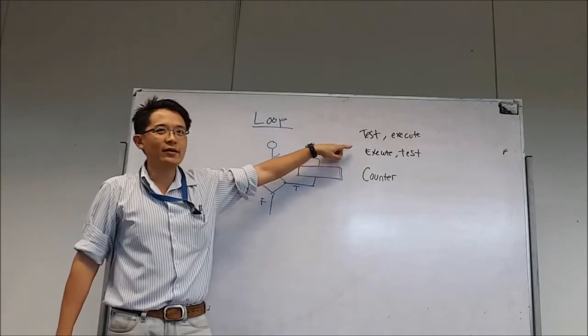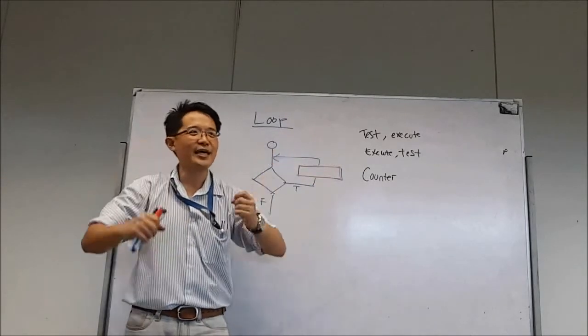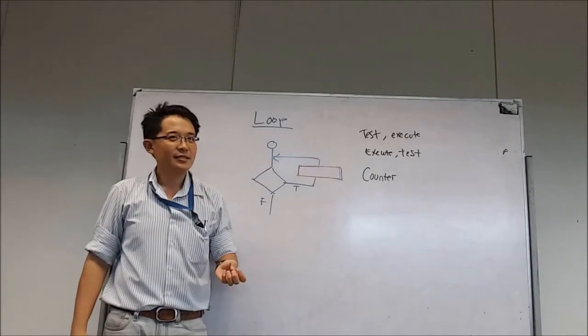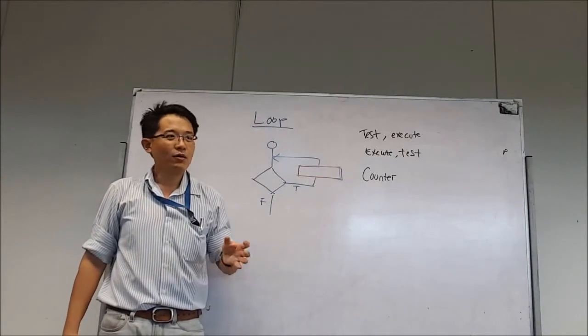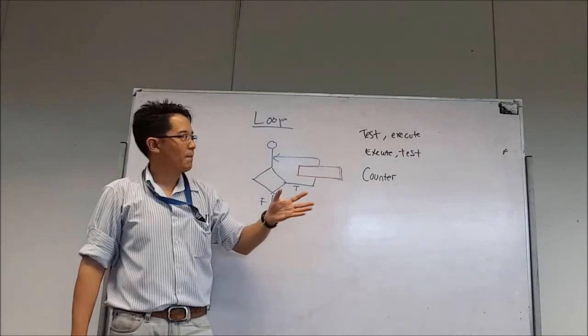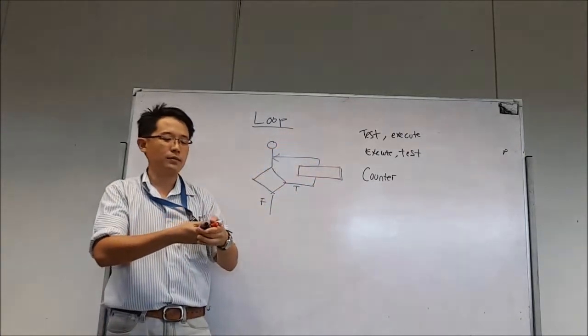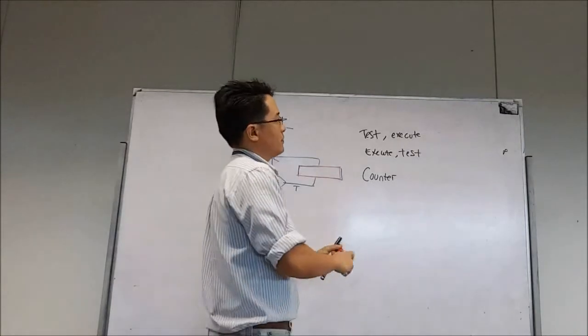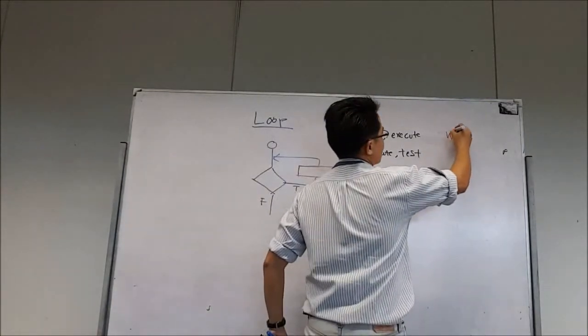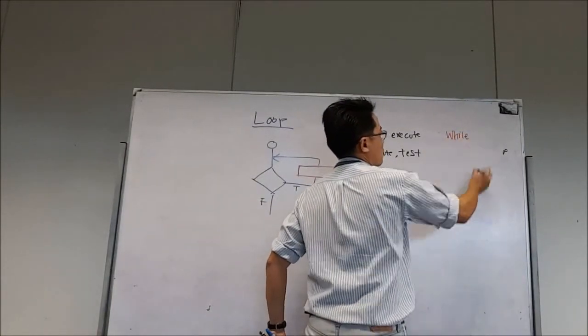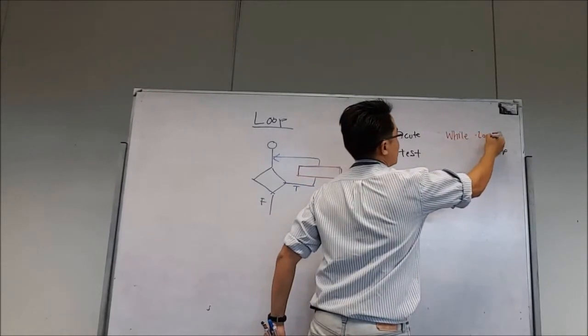Can we execute first then test? I'll show you the confidential data, then ask for a password. Not a good idea, right? So that's why we need this kind of test-then-execute. This is called a while loop. We test first.